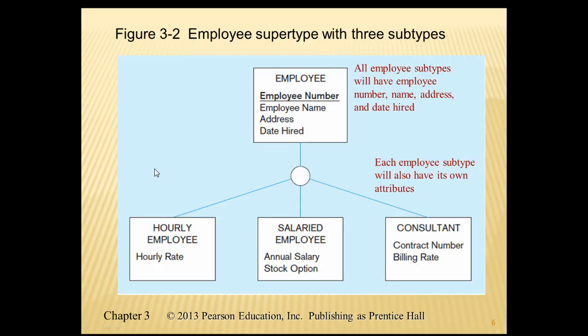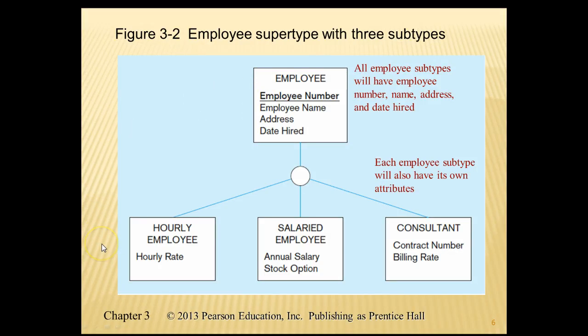Okay, so here's an example of how that supertype subtype relationship works. You'll notice that we have a supertype entity called employee, and the primary key or identifier is the employee number. The supertype will have the attributes employee number, employee name, address, and date hired.